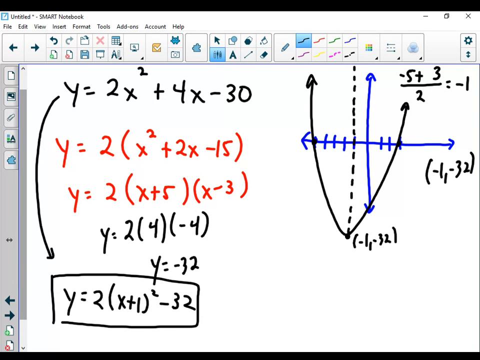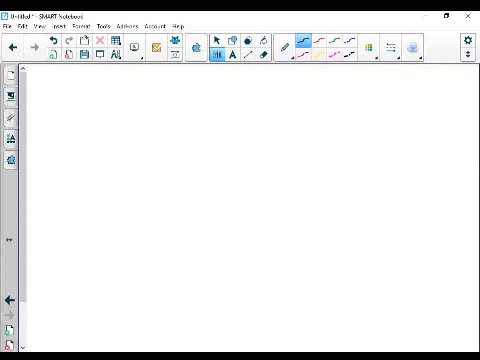So I'm going to have you try one where you're trying to figure out where the vertex is located, and you're going to use that to rewrite it into our graphing form by using that averaging of the x-intercepts. So here's the equation that I want you to use: x squared plus 3x minus 10. See if you can rewrite that one into graphing form by using our averaging of the x-intercepts.